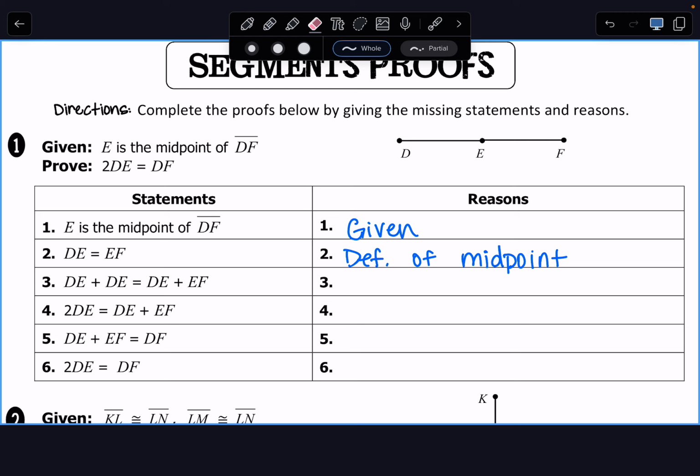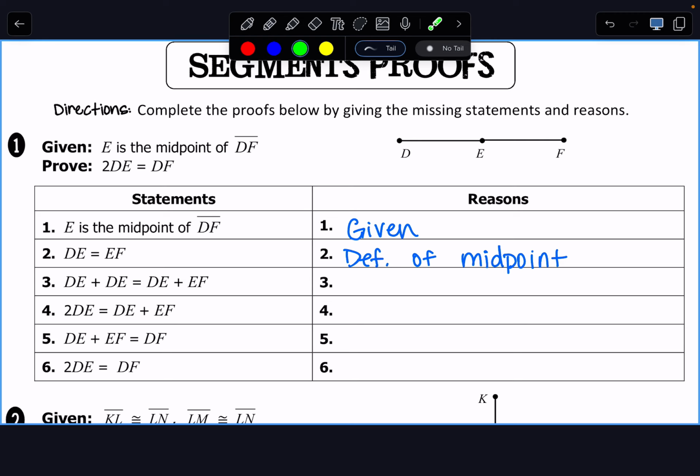Now, our whole goal here is to try to prove that 2DE equals DF. So 2 DEs equal DF. That's what that's saying. Does that seem like a reasonable thing?